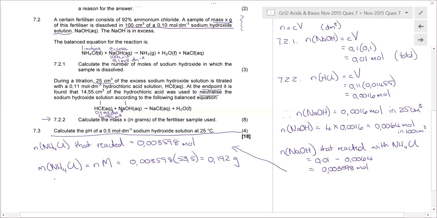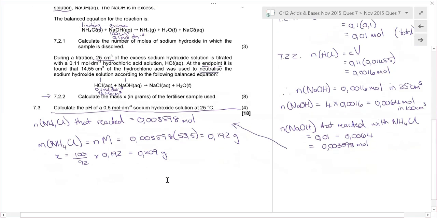So the mass X, we want 100%, so it's going to be 100 over 92 times 0.192 grams. This is 92%, I want 100%. So this gives me a total mass of 0.209 grams. So X is 0.209 grams. That is the answer for 7.2.2.